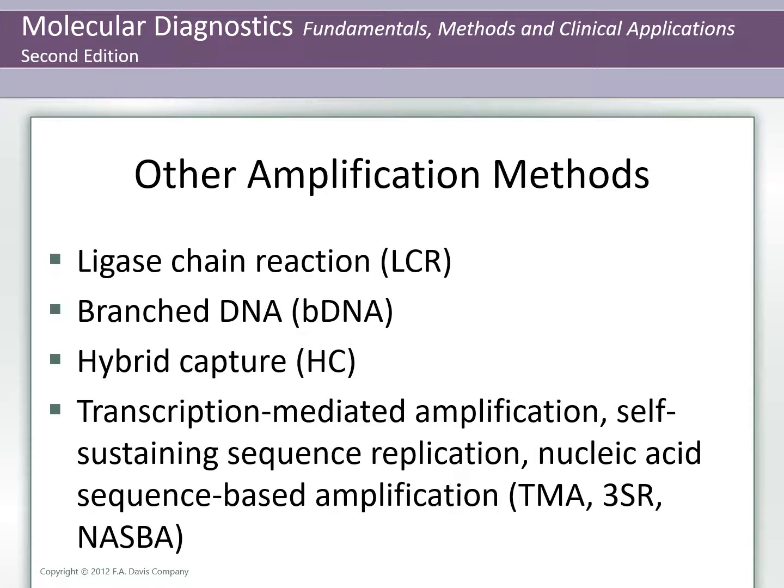Aside from PCR, other amplification methods can be utilized, and we'll discuss these on the next slides. These include probe amplification and signal amplification methods. The various applications include ligase chain reaction, branched DNA, hybrid capture, and transcription-mediated amplification.